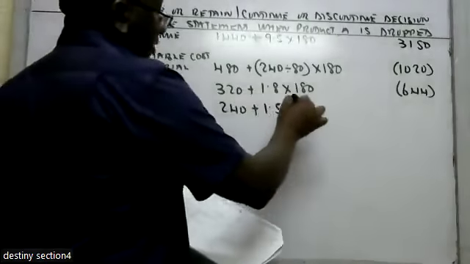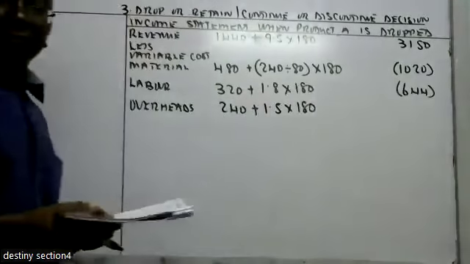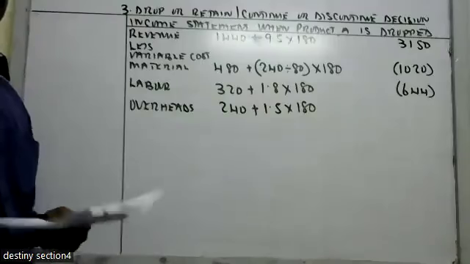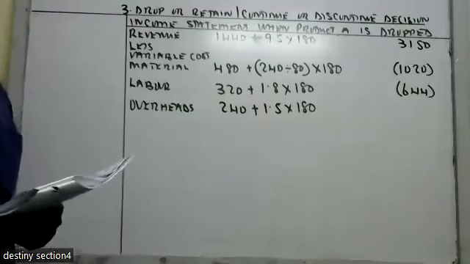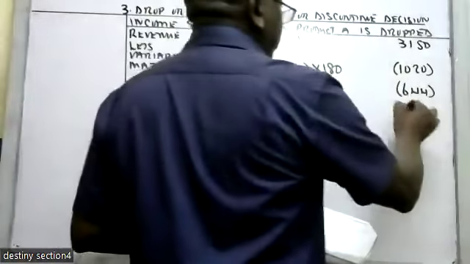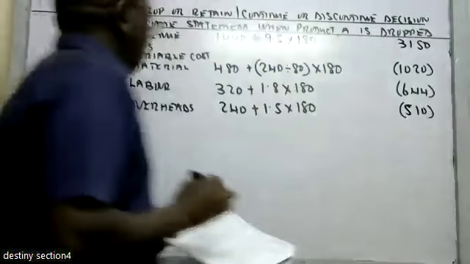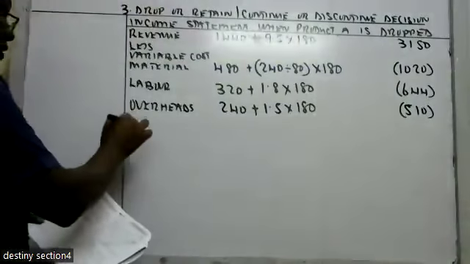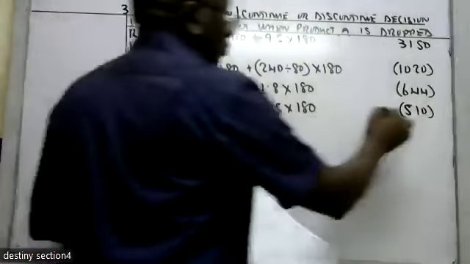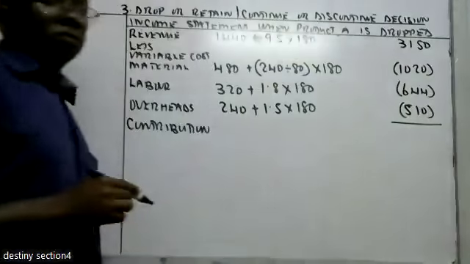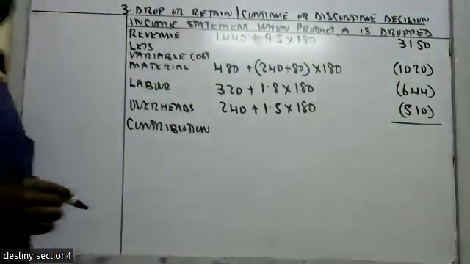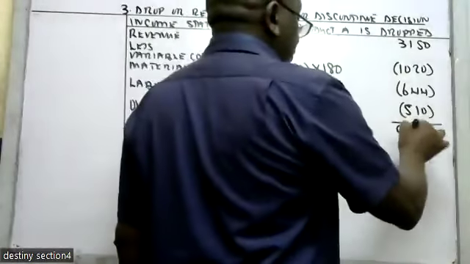So 1.5 times 180 is $510. So with that, you can get the contribution. $976.